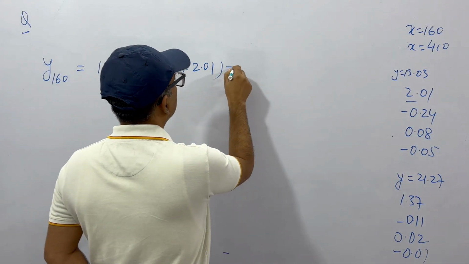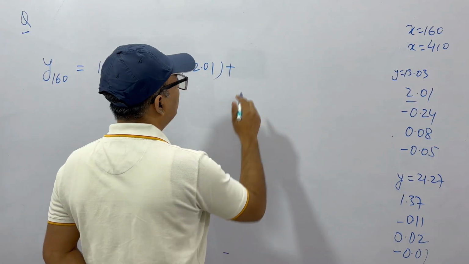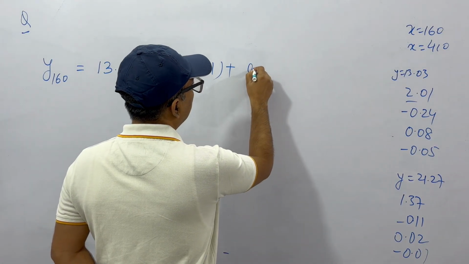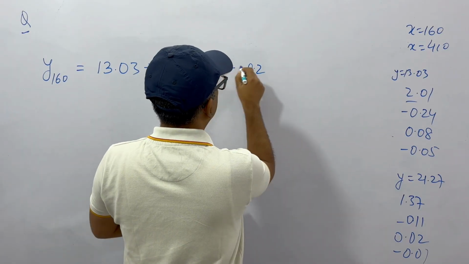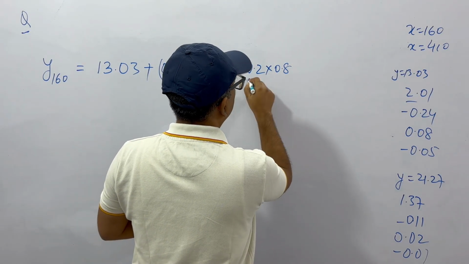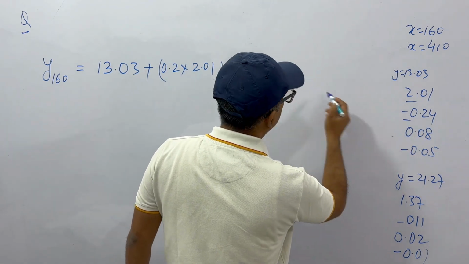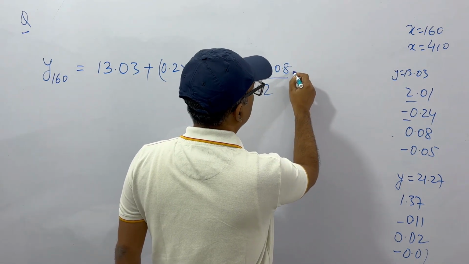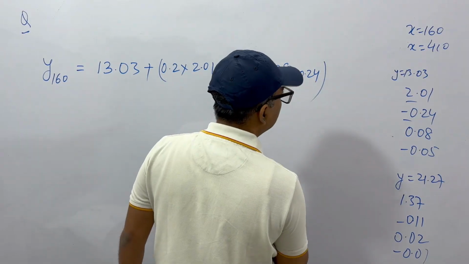Then p into p minus 1 by factorial 2. So p will be 0.2, p minus 1, that is minus 0.8, by factorial 2, that is 2, into the second difference, minus of 0.24, that is minus minus, plus. This is the second term.